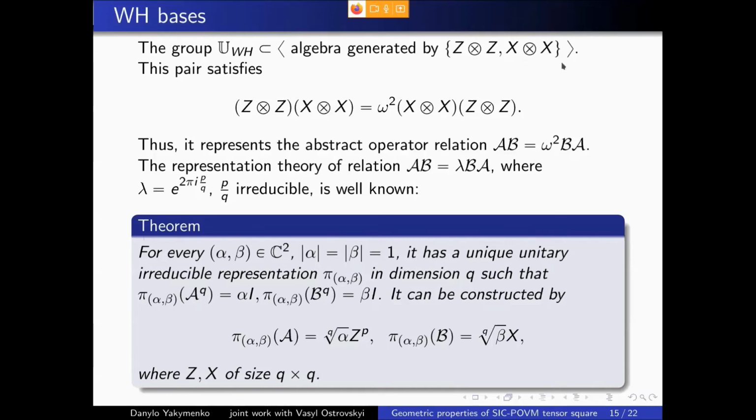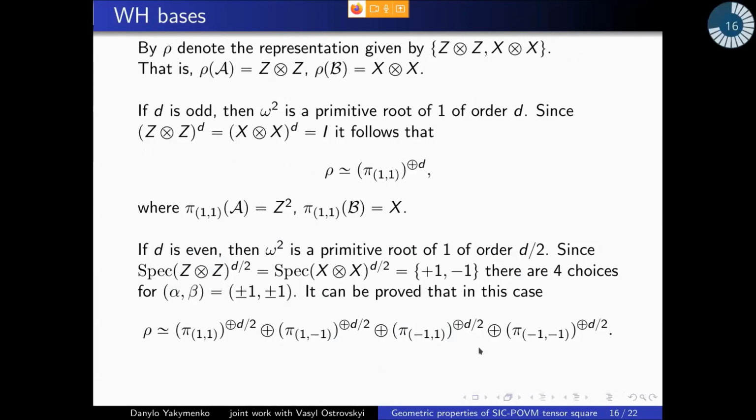By the general theory, this pair will be a direct sum of irreducible representations of this type, right? Okay. And let's call the representation given by these two operators rho, so that rho of A is just this Z and rho of B is this, right?